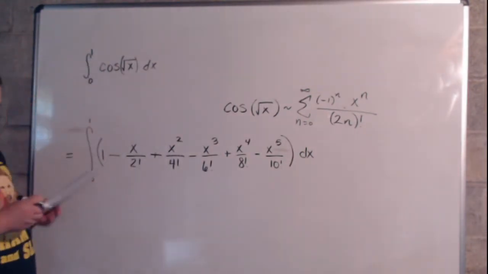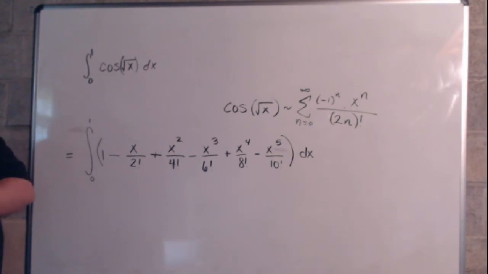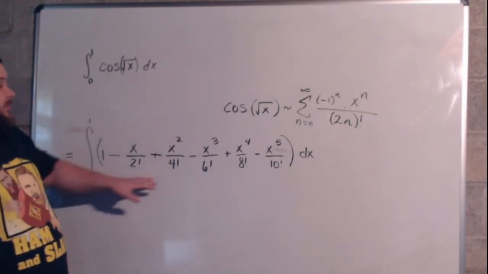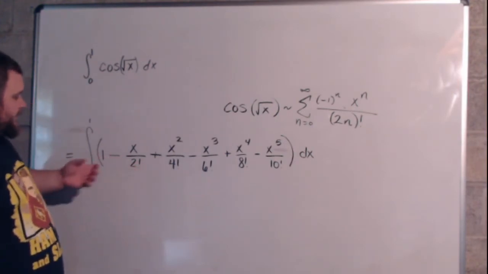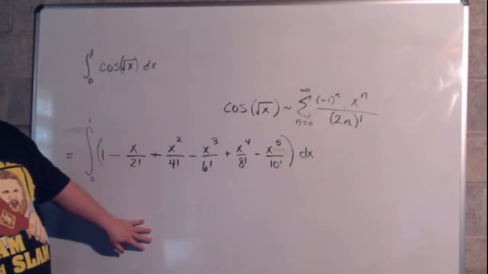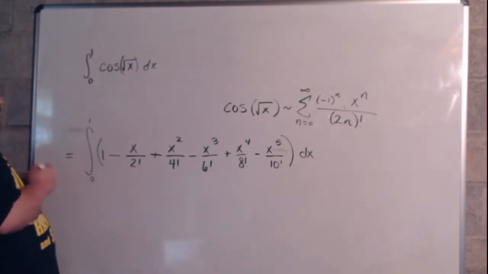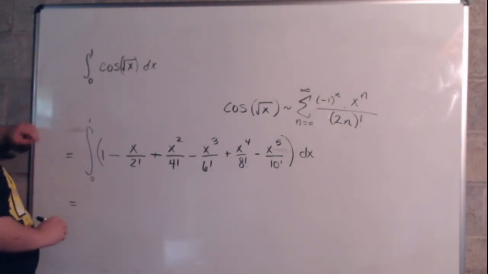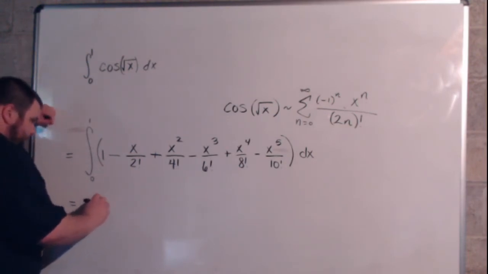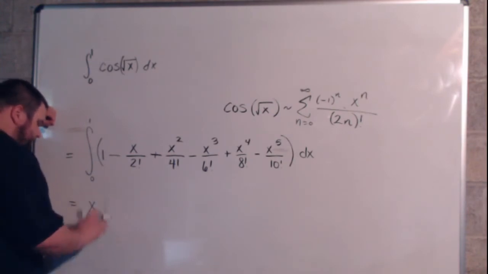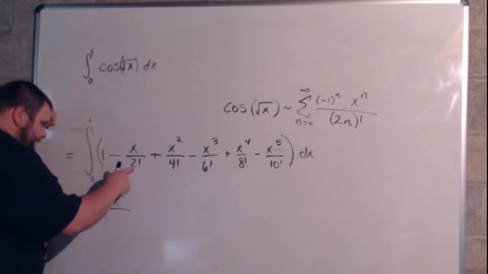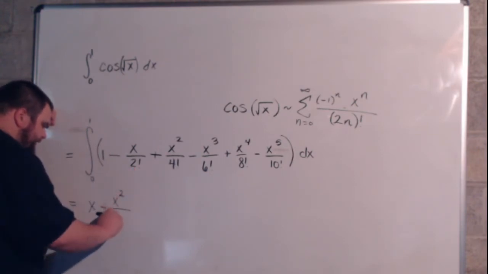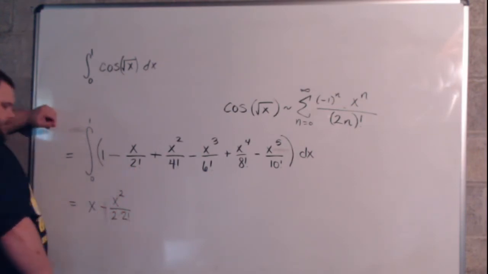And again, a little word of caution. One thing I notice students do quite often is, for some reason, they'll get these terms and they'll forget to integrate. They'll just plug the numbers in. So we got to integrate this first. So this is going to be x minus x squared over, now there's already a 2 factorial down there, so it's going to be 2 times 2 factorial.